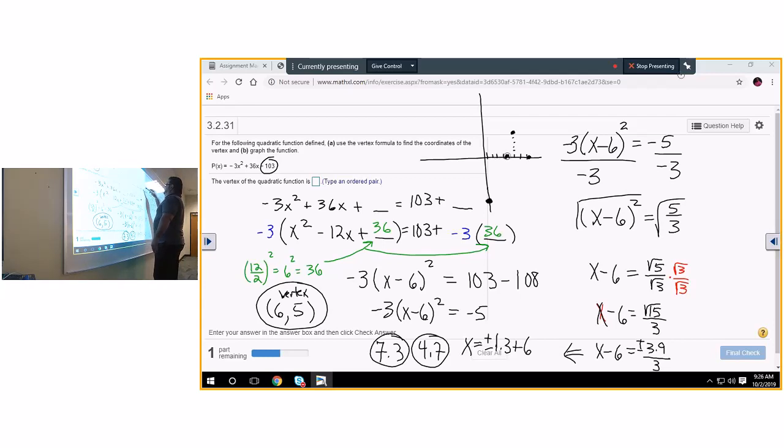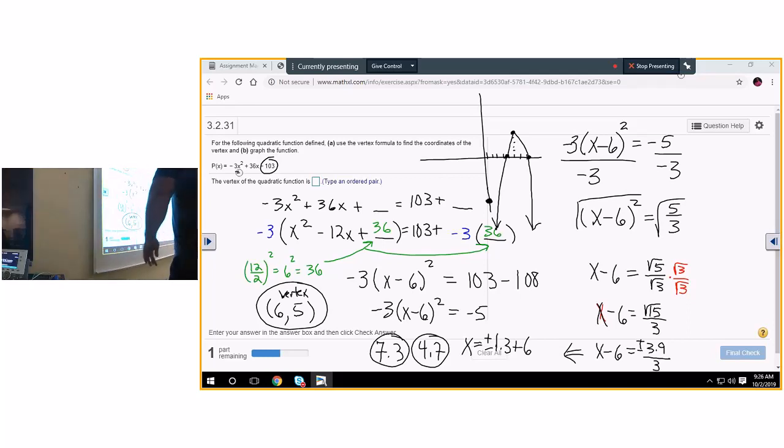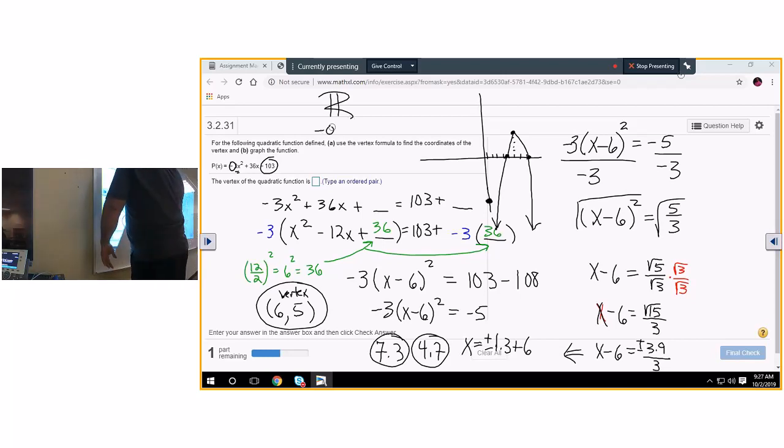Okay, of course, my graph is way off because it's very skinny. Why is it very skinny? Because of the 3. And why is it opening downward? Because of the negative. Okay, so now the domain is all real numbers. And the range is negative infinity to 5.